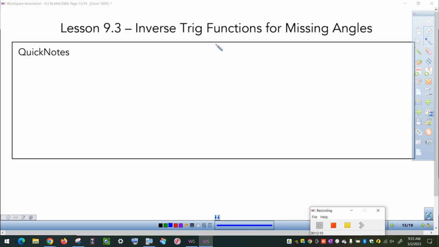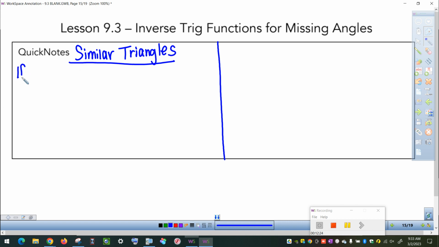All right, so I'm going to divide my section here in half. Our first learning target, learning goal for today had to do with taking a closer look at similar triangles. And here's what we saw.